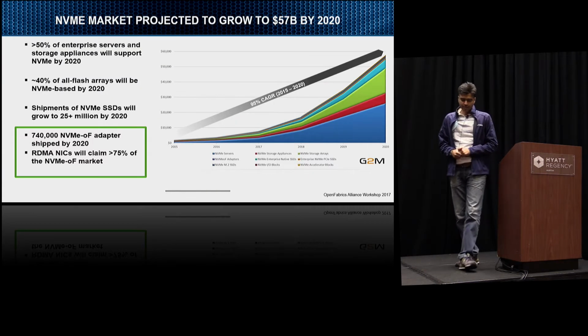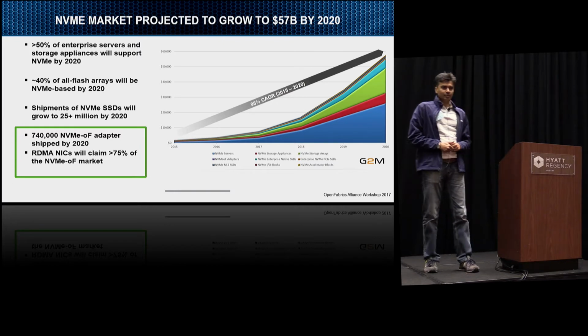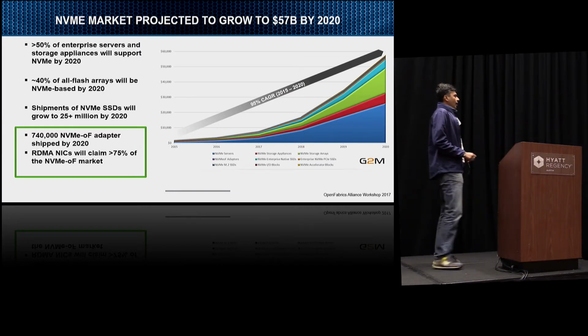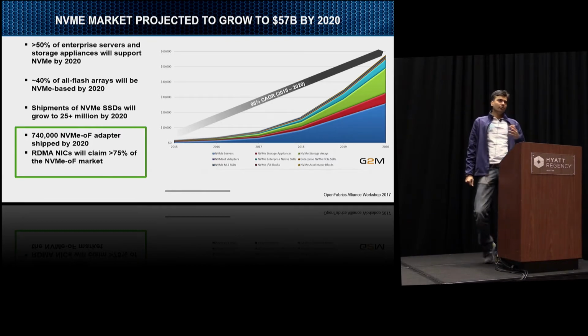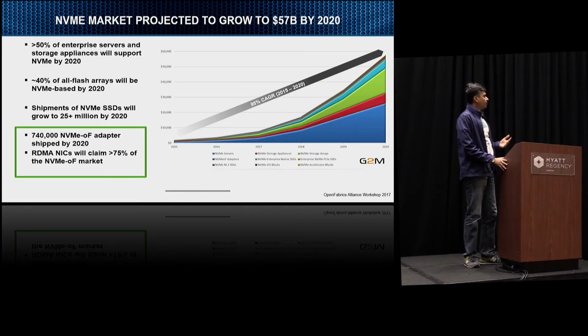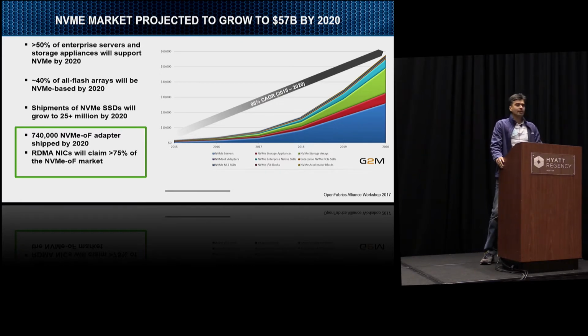This is an interesting graph of the market projections about how NVMe or PCIe drives are going to be in the enterprise market. We have seen a lot of enterprises picking up NVMe, but the last 2 weeks' announcements are really astonishing to me.